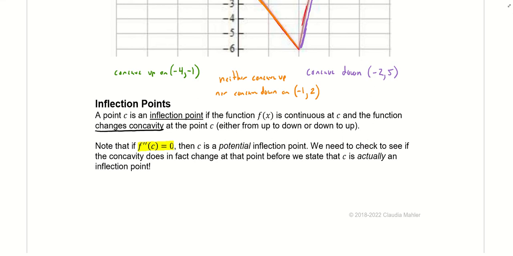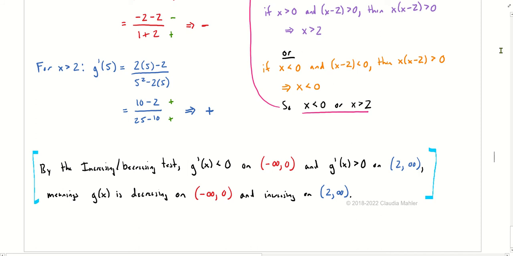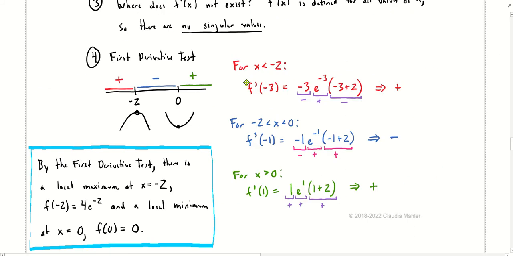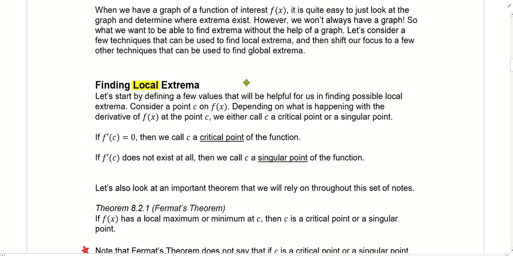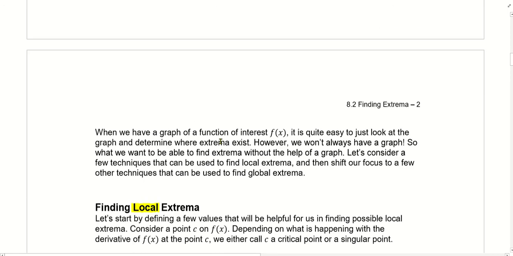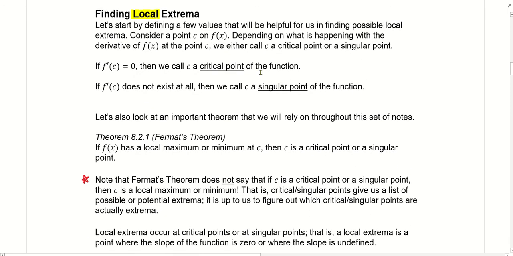This is very similar to how we used critical points when we were talking about extrema. So if I go back to extrema here, where I introduced the critical points way back on page 2, we mentioned that critical points and singular points technically were both candidates for local extrema.